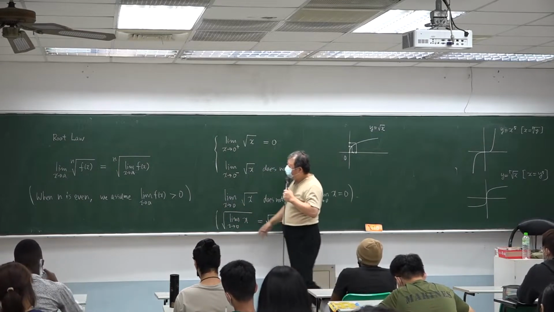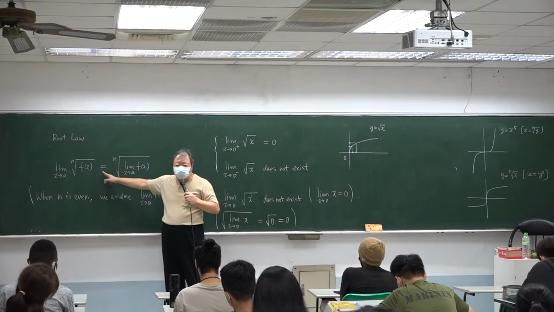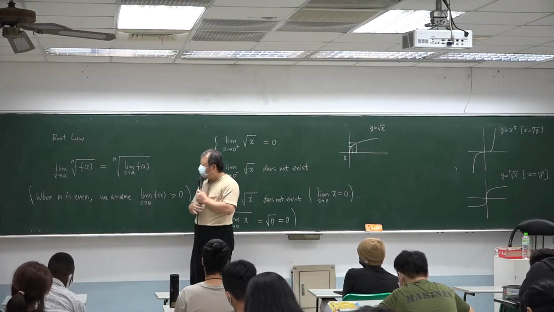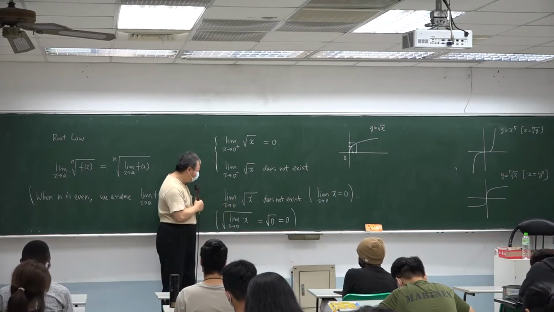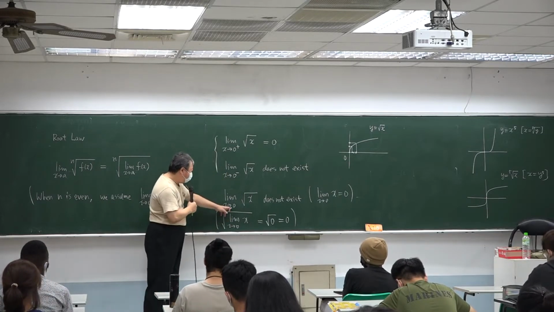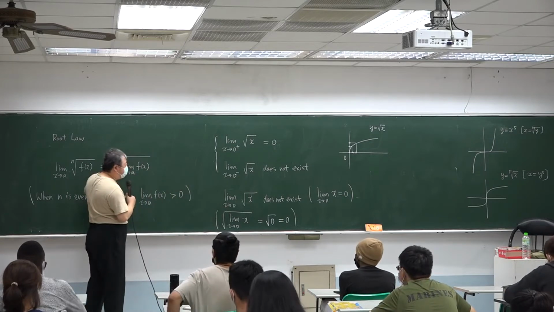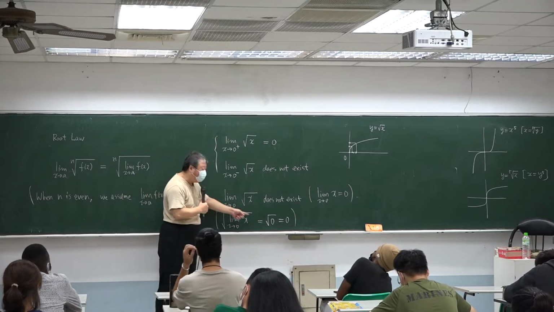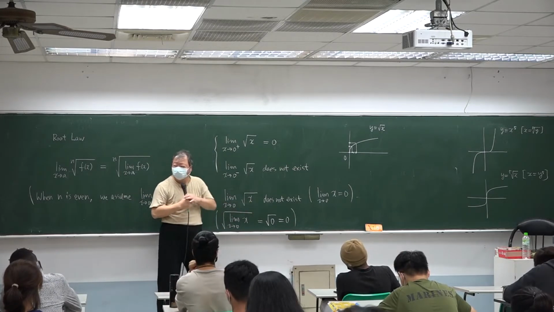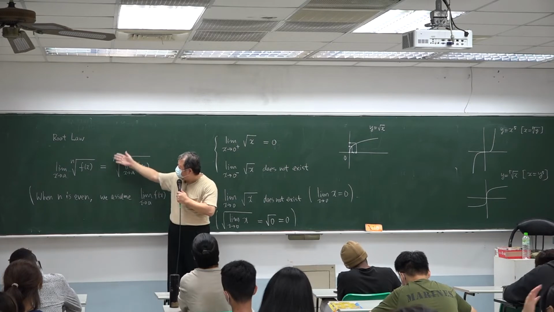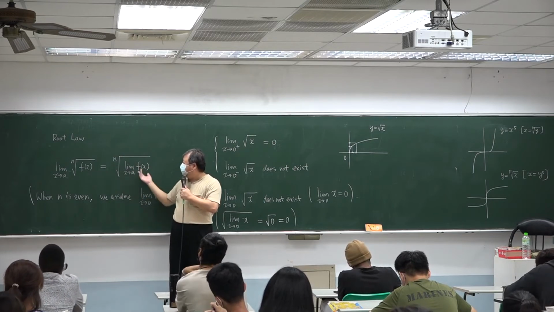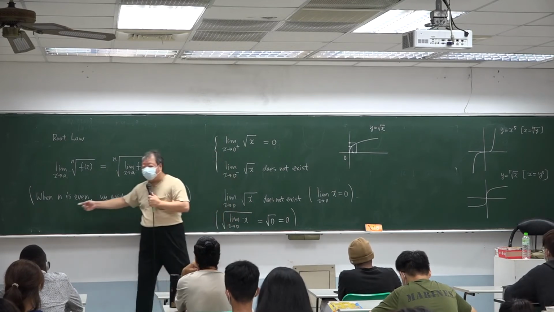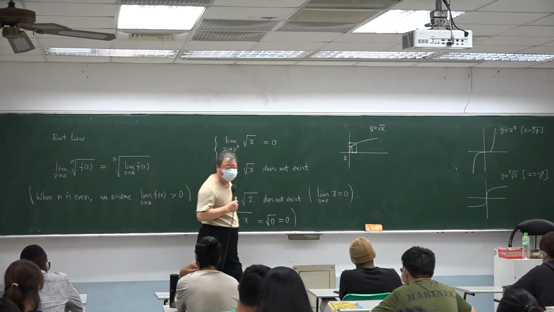In order for this equality to always be true, we assume this one. Maybe on some occasion, when this is 0 it is possible, but sometimes equality does not hold. So for the root law, not only assume this limit exists, but also assume it is positive when n is an even number. Okay, take a break.